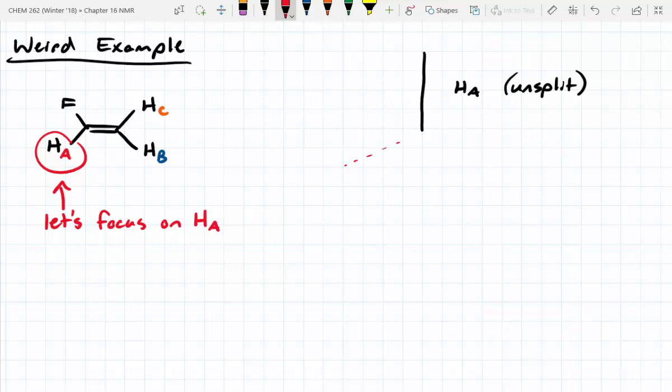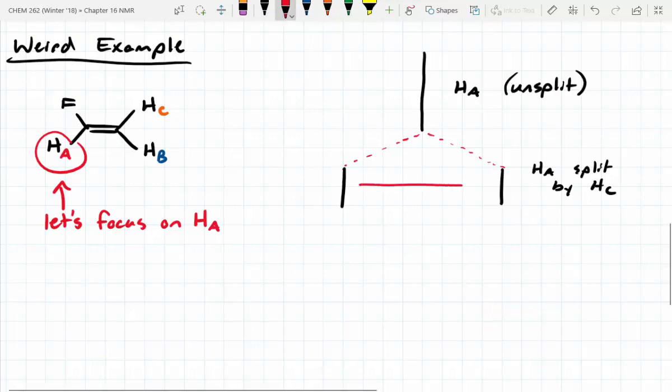All right, so if we split this, just like before, we're going to cut it in half. So it started out as a peak that was 4. And so now what we'd call this is HA split by HC, right? And if we look at this, we could say this is the coupling constant for A and C, right? So the magnitude of splitting is quite large for A and C.